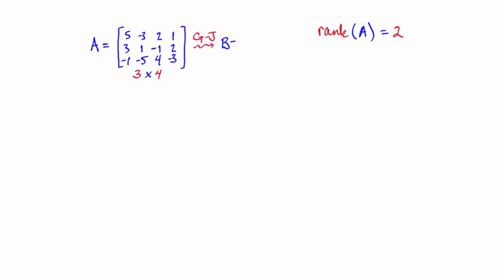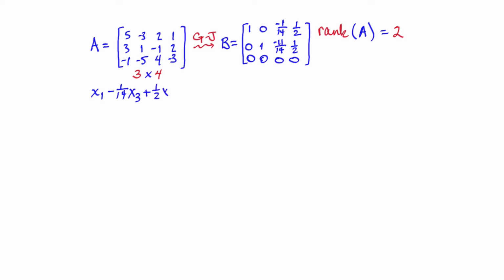In the previous video, we found that the reduced row echelon form of A was the matrix B with two non-zero rows. And so now we can use those two non-zero rows to write down two equations that give us the solutions to the homogeneous system. So the first equation is x1 minus 1/14 x3 plus 1/2 x4 equals 0.